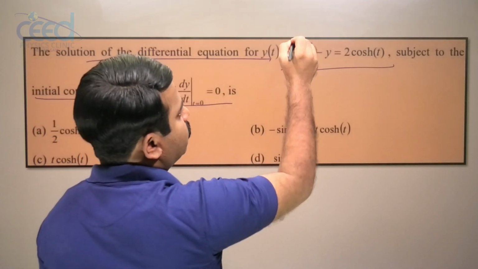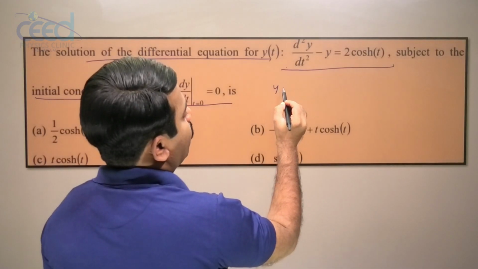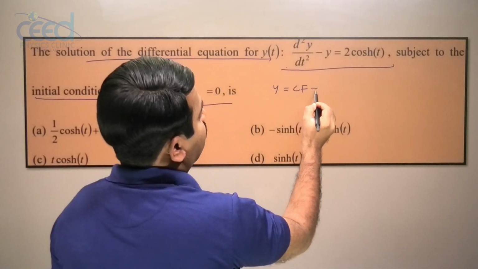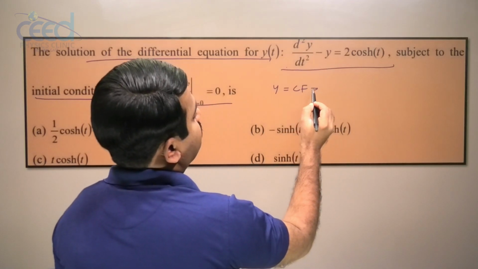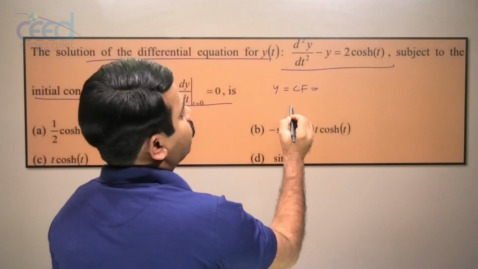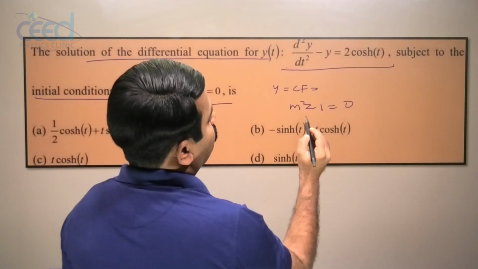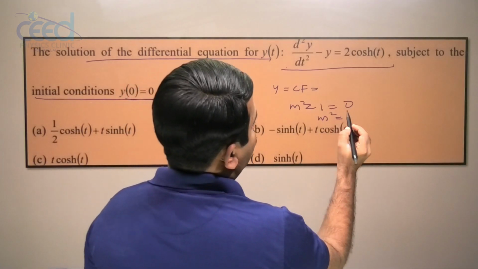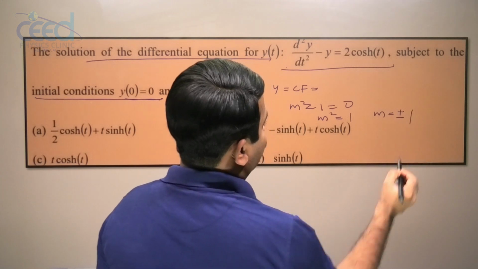First, the complementary function. From the auxiliary equation, what is it? m square minus 1 is equal to 0, then m square is equal to 1, so m is equal to plus or minus 1.